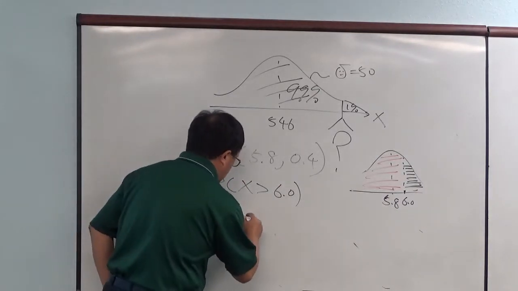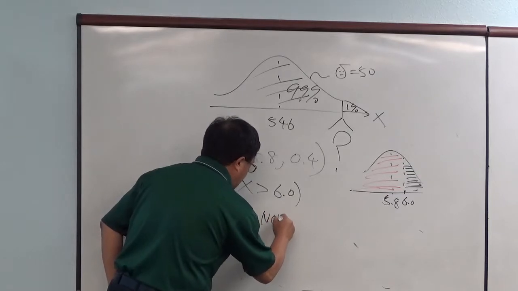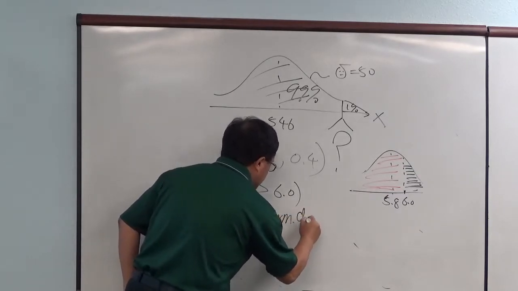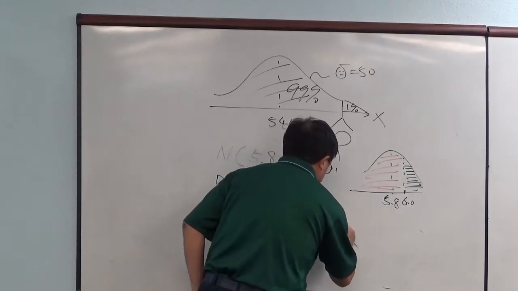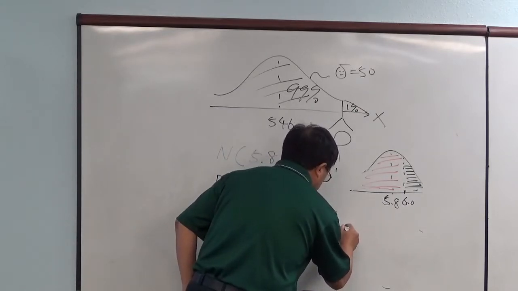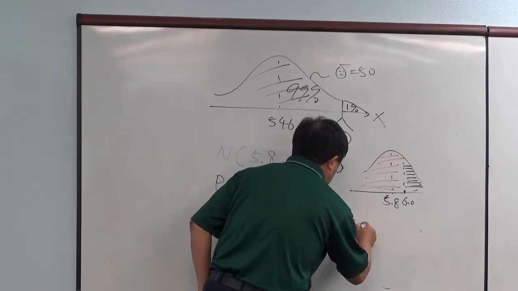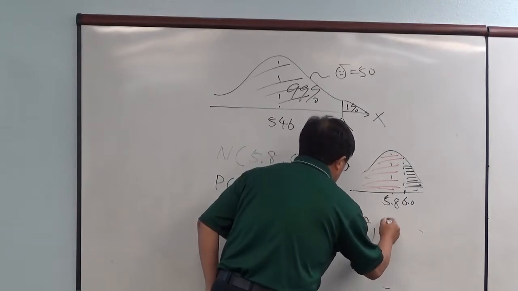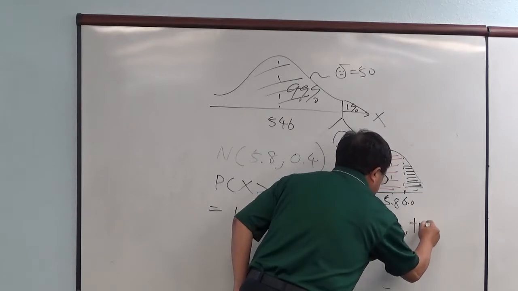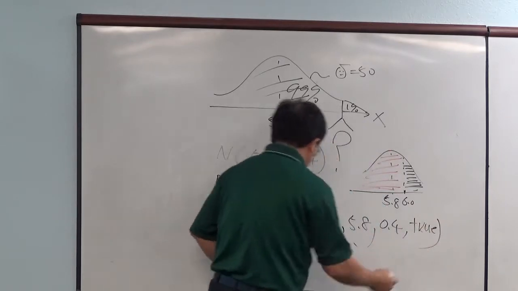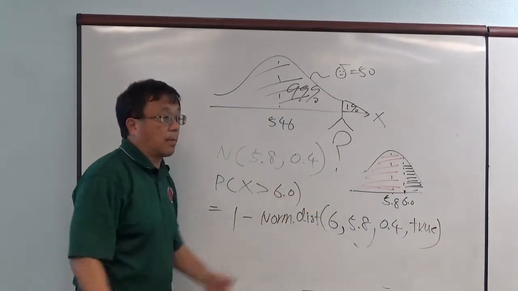So 1 subtract, I believe it's norm dist, and x is 6.0, comma, mean is 5.8, standard deviation is 0.4, and 2, right? Accumulate. So you'll find the probability.